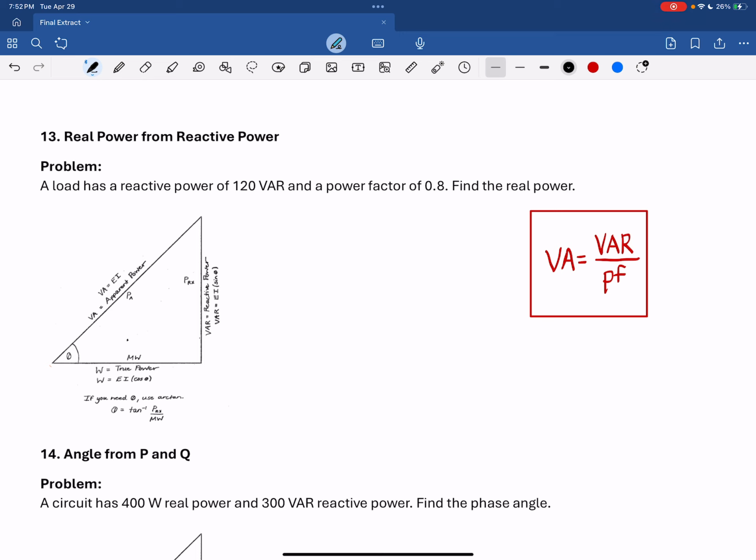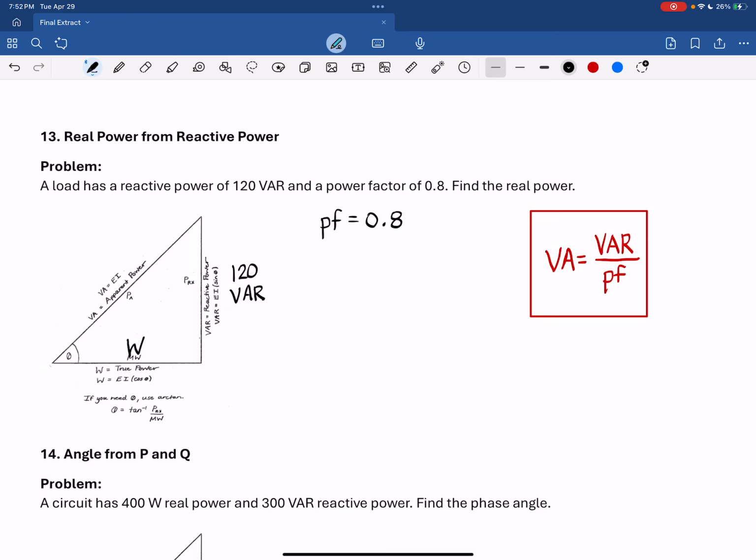A load has a reactive power of 120 VAR and a power factor of 0.8. Find the real power.